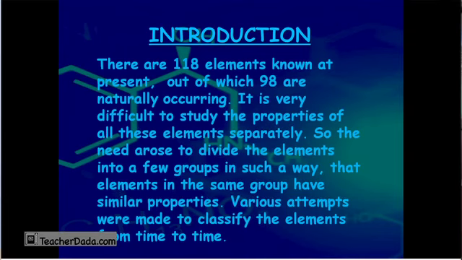See, we cannot study the properties separately, so we have kept them together. We can get to know about an element when we see its position in periodic table. We will come to know all about its property. For example, in a big city, you want to find out the address of your friend.